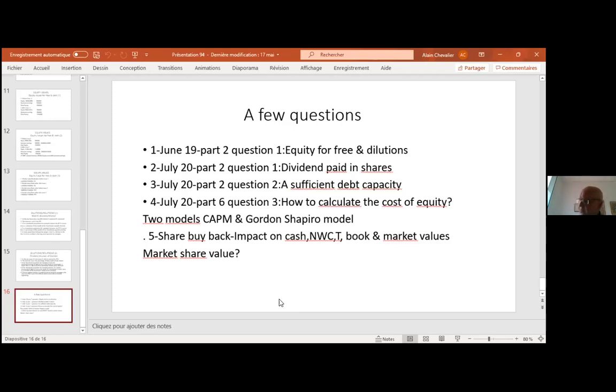That means if you increase the number of shares, but you increase also the cash brought, it will depend on the level of cash which is brought for one share and of the value of a share before. And generally at that level, there is a dilution of wealth for the existing shareholder, okay?